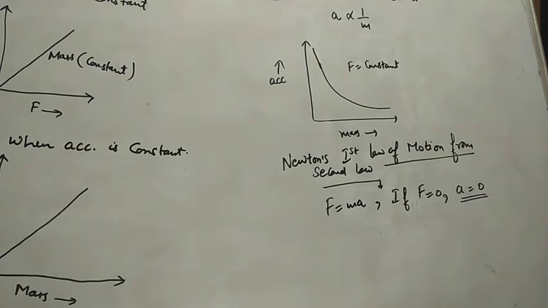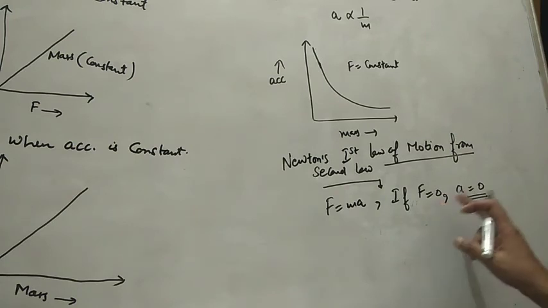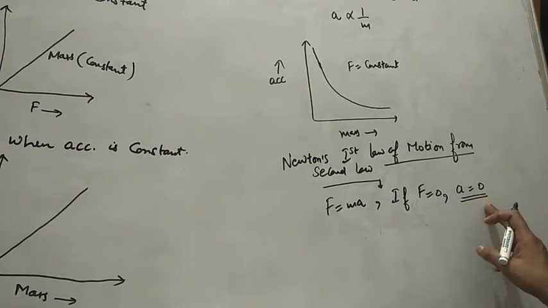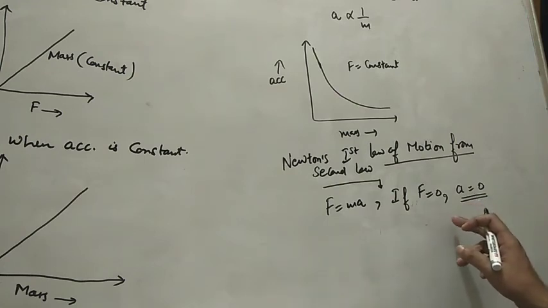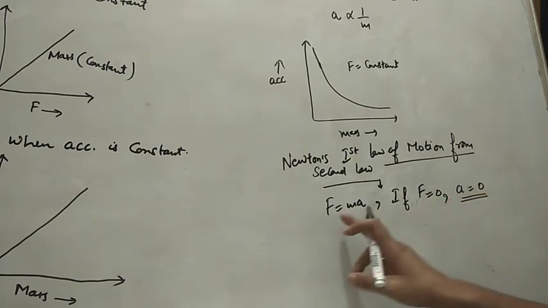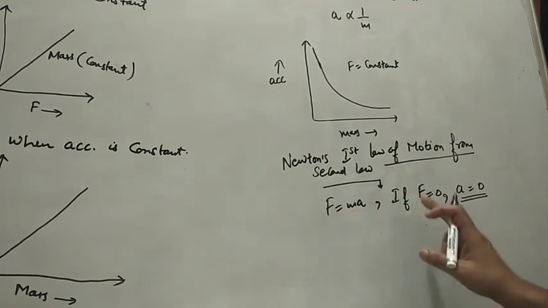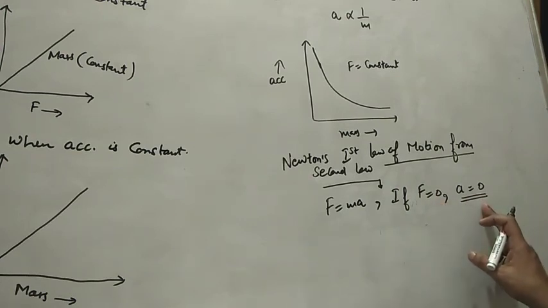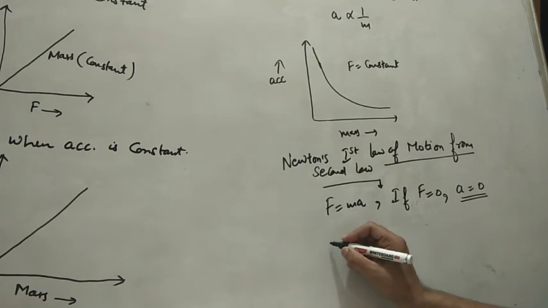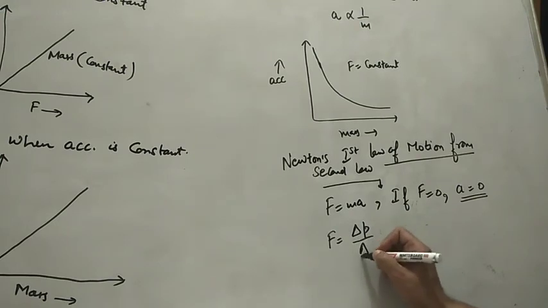So if we do not apply any force, or in the absence of external force, the body on its own will not change its state of rest or motion. This we got from the second law, F equals ma. If F is 0, then acceleration will also be 0. And this we also know: F is equal to delta P upon delta T.